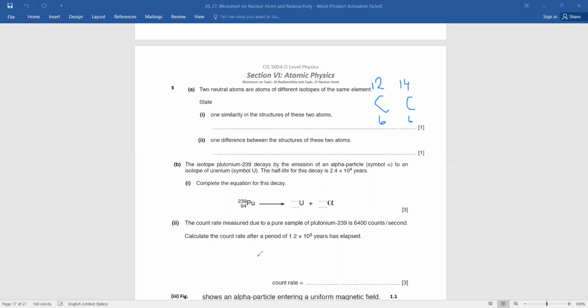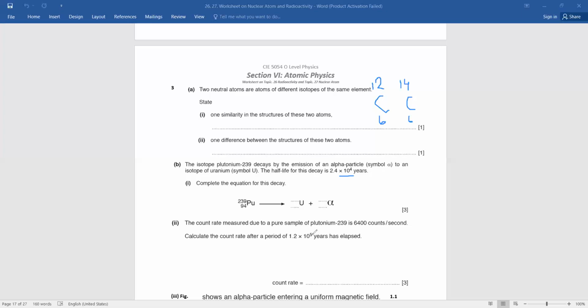Part two. What is the answer of part two? Can you tell me, Adnan? This one you can do. Half-life. Half-life is given 2.4 into 10 to the power 4 years.